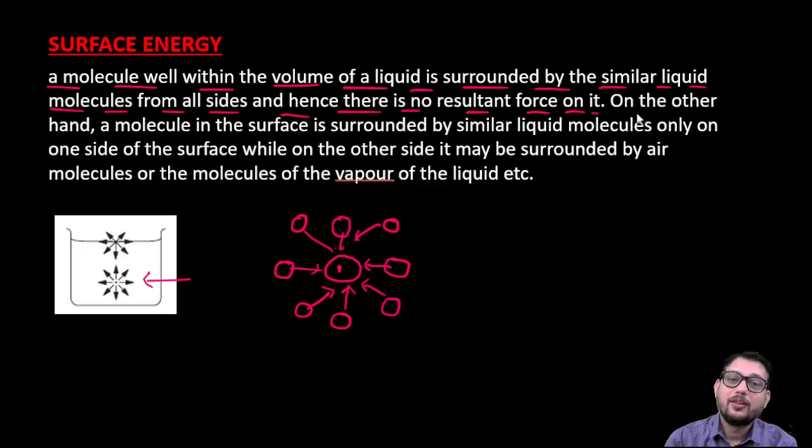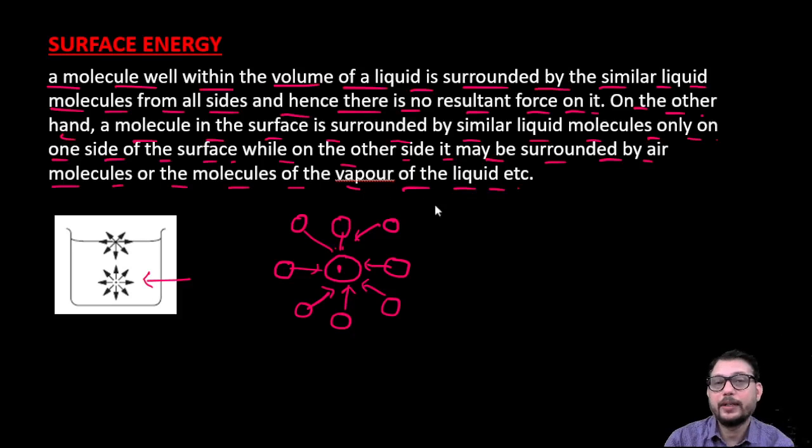On the other hand, a molecule in the surface is surrounded by similar liquid molecules only on one side of the surface, while on the other side it may be surrounded by air molecules or the molecules of the vapor of the liquid, etc. So what does it mean?